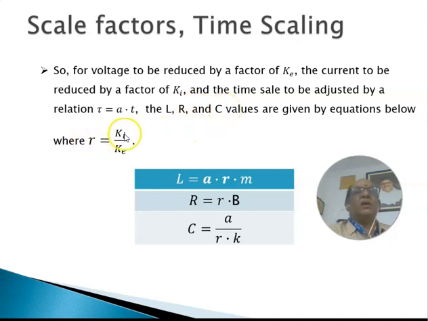Let r be Ki by Ke. So you have L is equal to A r M, R is equal to r B, C is equal to A by r K.